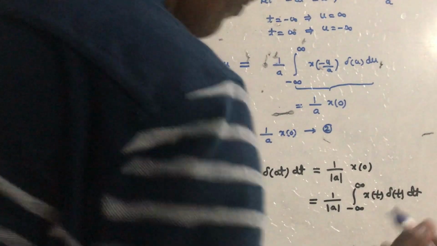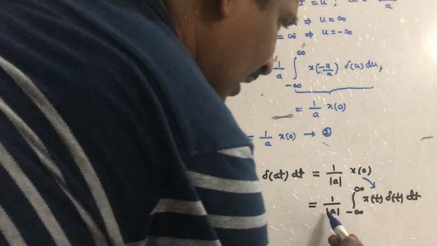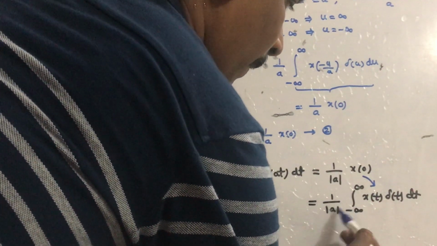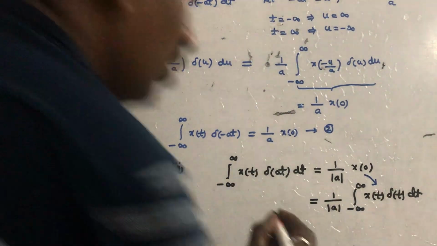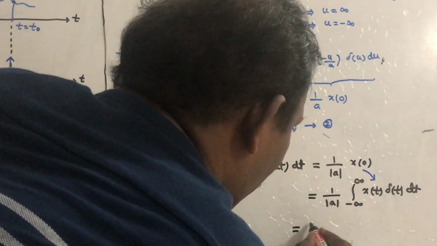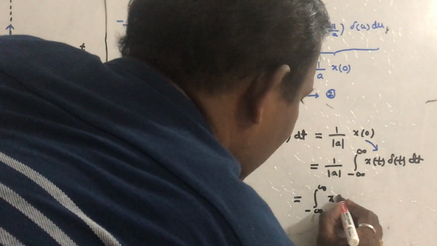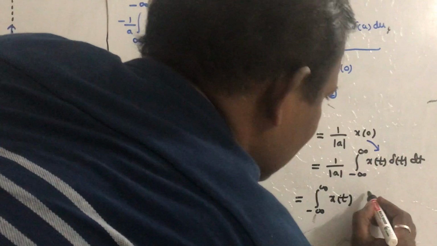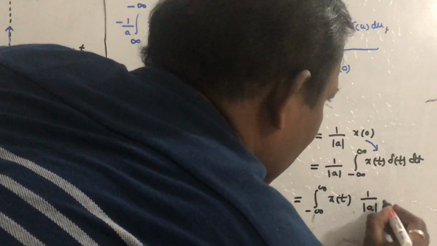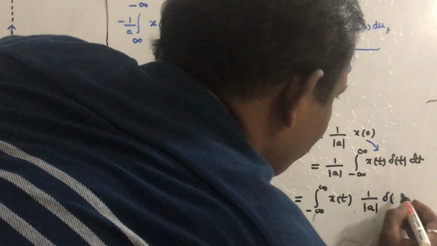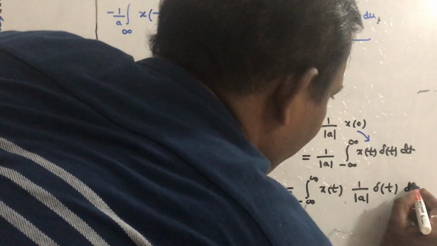So x of 0 can be written like this, as you know from property 1. So take this function 1 by magnitude of a inside. So therefore we can write like this, integral minus infinity to infinity x of t into, take this term inside, write it in one bracket, 1 by mod a into del of t dt.